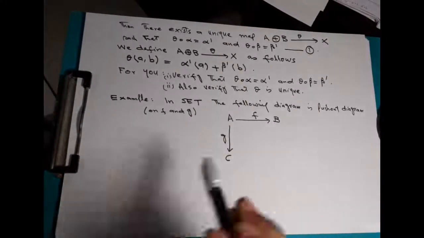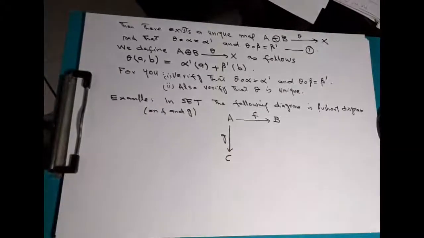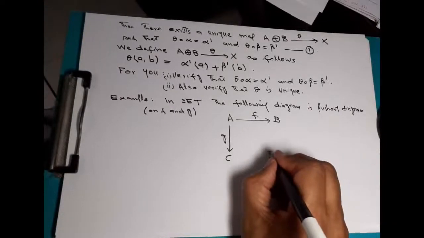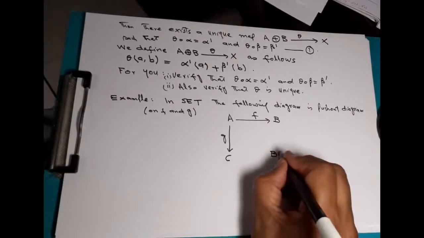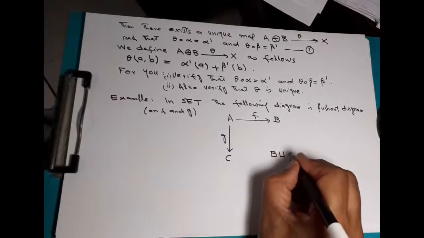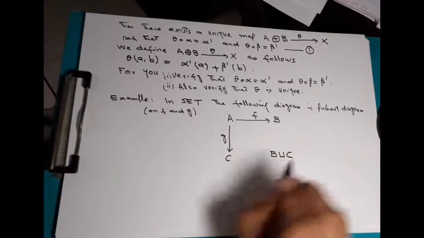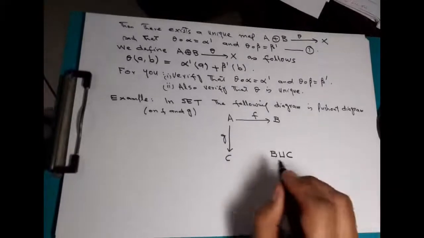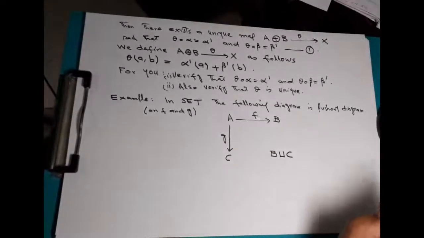So how are we going to obtain this particular object? Note that we are going to denote this object as the disjoint union of B and C. You know what disjoint union means, but this is not only disjoint union, it is more than that.